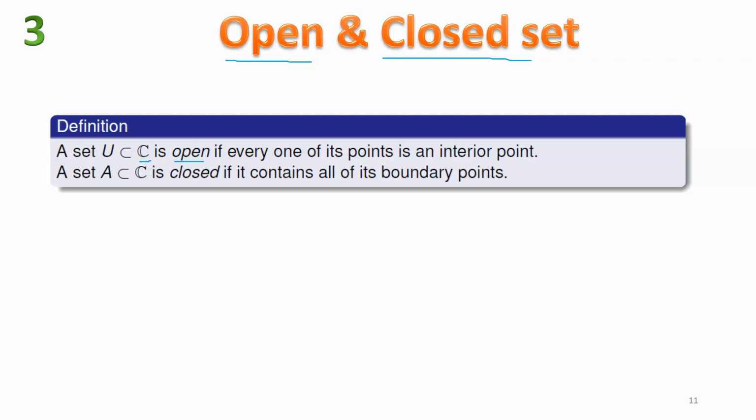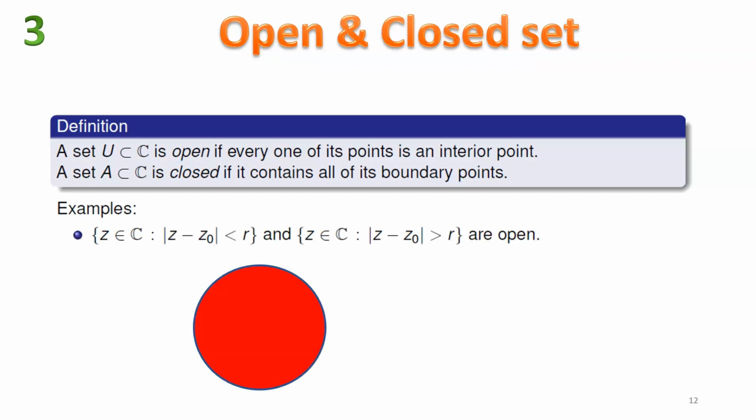A set A, which is a subset of the complex numbers C double bar, is said to be closed if it contains all its boundary points. Now with examples, we shall try to understand openness and closedness of a set.